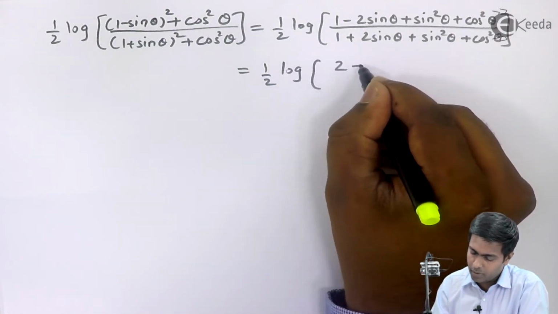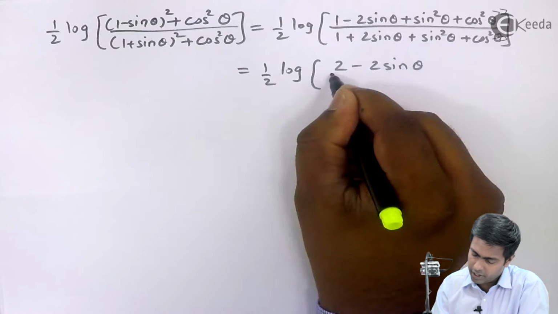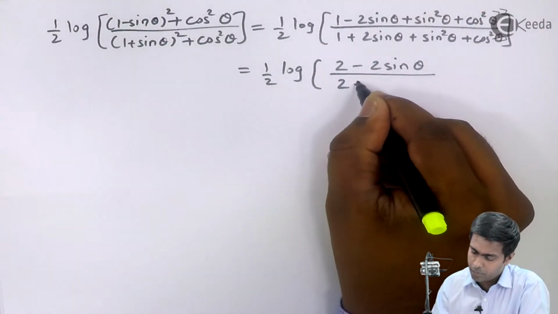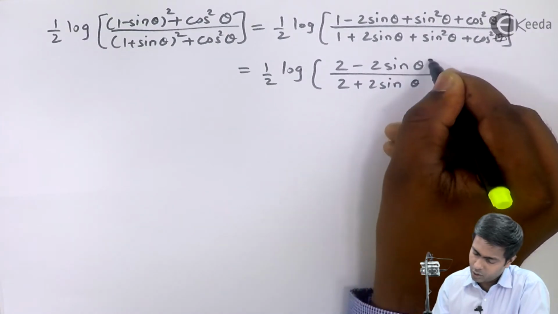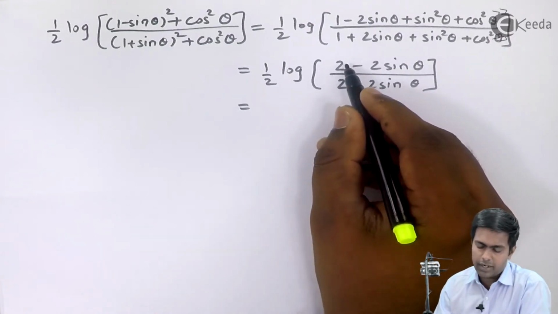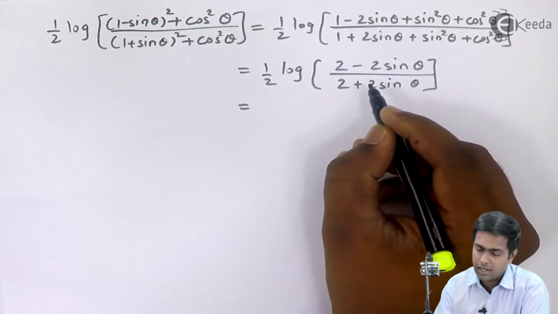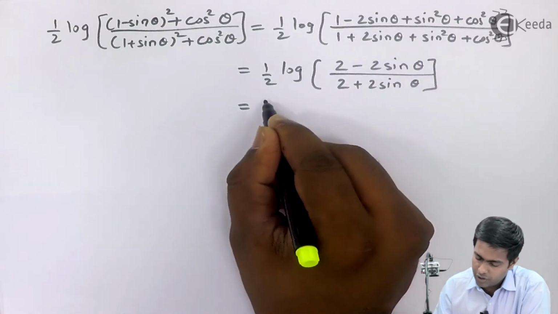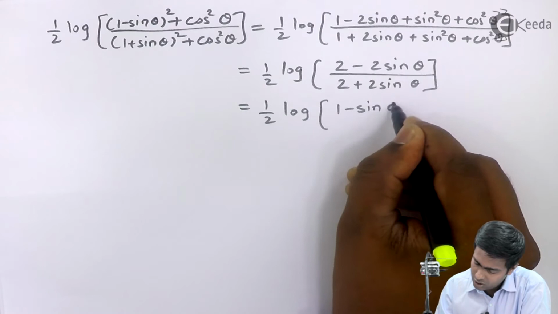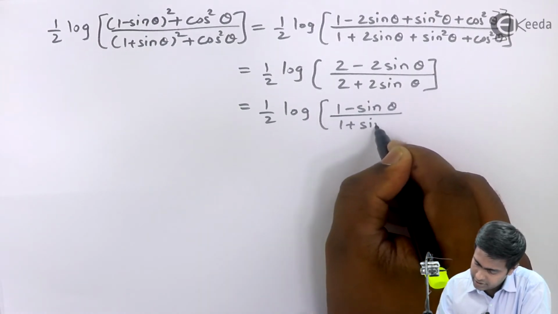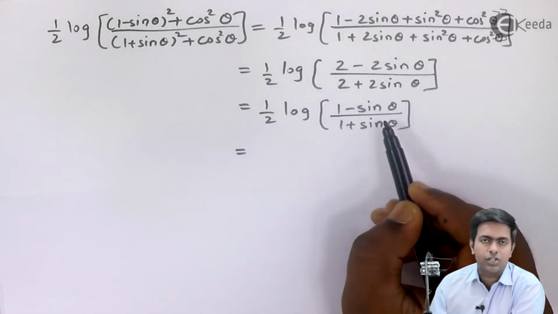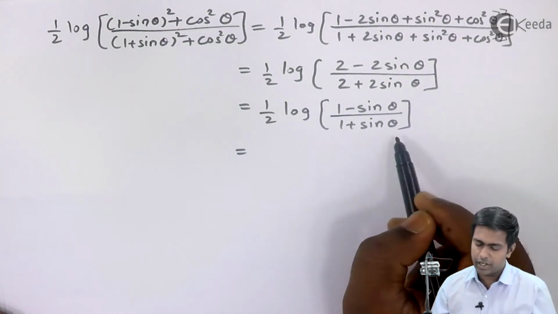So I'll get 2 minus 2 sin theta in the numerator, and again this is 1 plus 1, 2, so 2 plus 2 sin theta in the denominator. Now I can take 2 outside from numerator as well as from denominator, and it will be cancelled. So we'll get 1 by 2 log of 1 minus sin theta upon 1 plus sin theta. Now to solve this, I'll multiply this term with the conjugate of denominator.